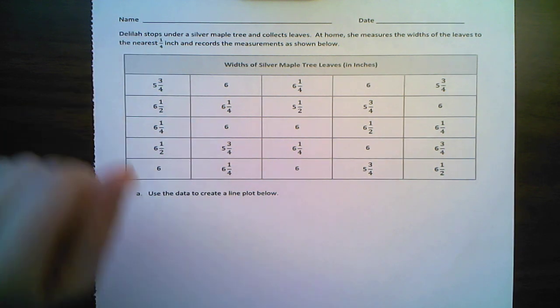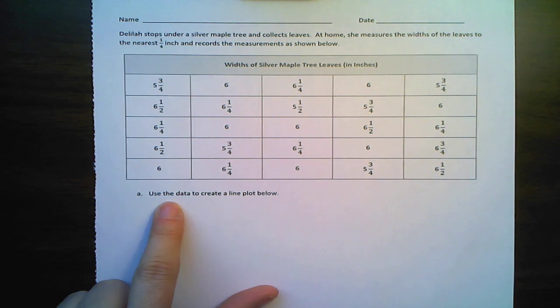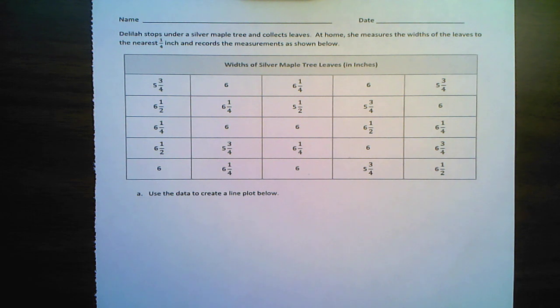Let's read about Delilah. Delilah stops under a silver maple tree and collects leaves. At home, she measures the widths of the leaves to the nearest 1/4 inch and records the measurements as shown below. Here we are. So now we're tasked with using the data to create a line plot. We can do this.